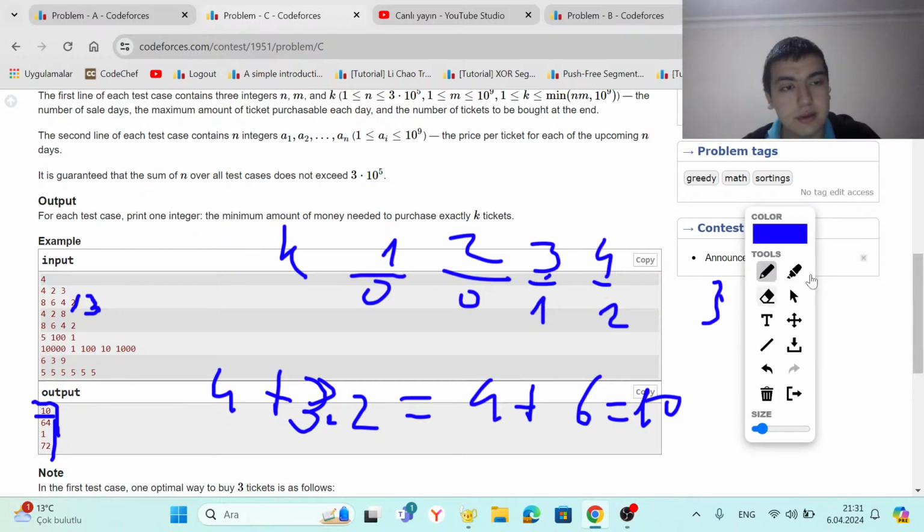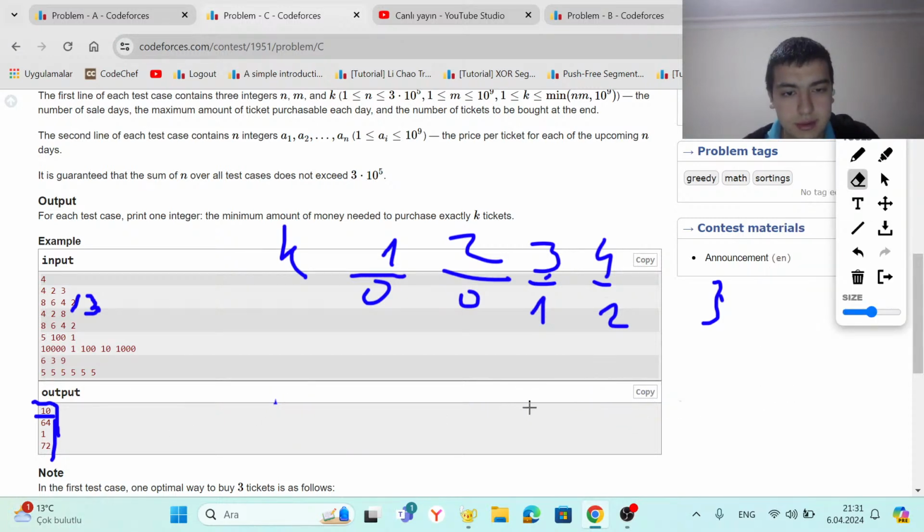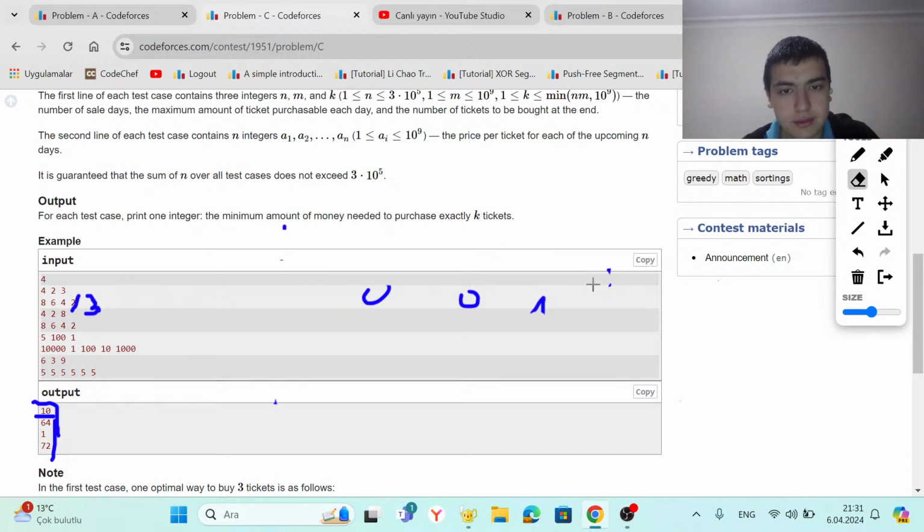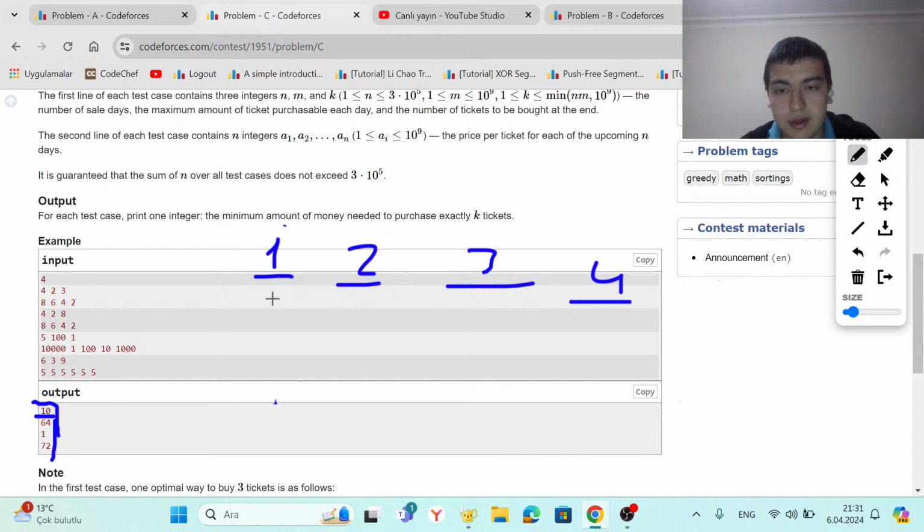Now let's continue with the second example. Let me write again. 1, 2, 3, 4. We have bought 0, 0, 0, and 0 tickets.